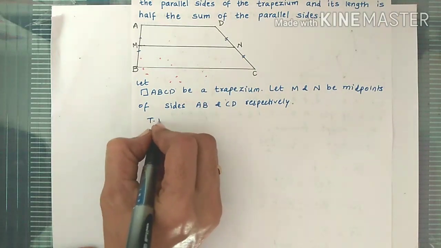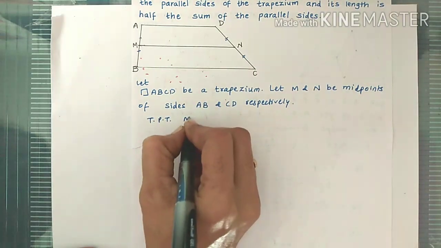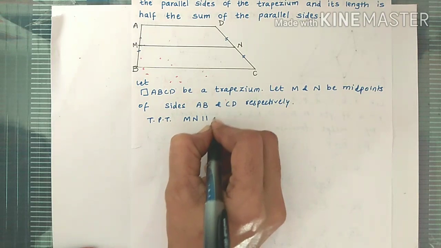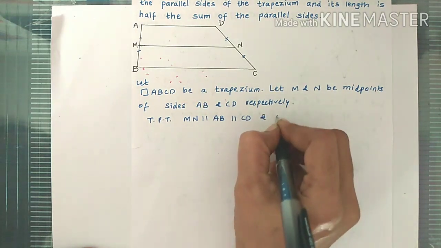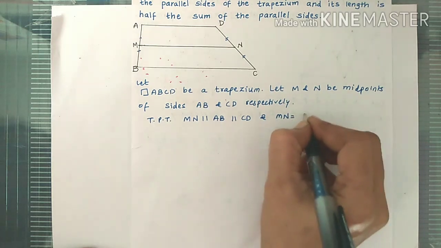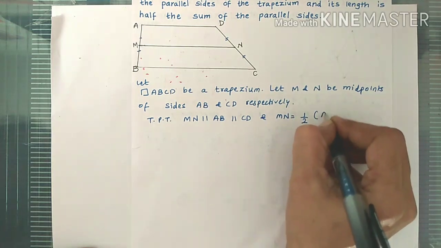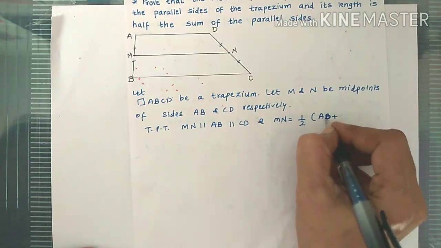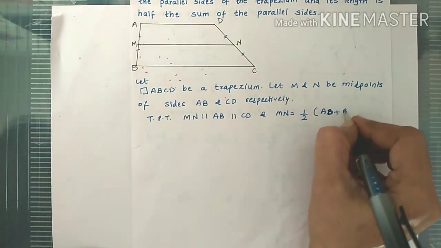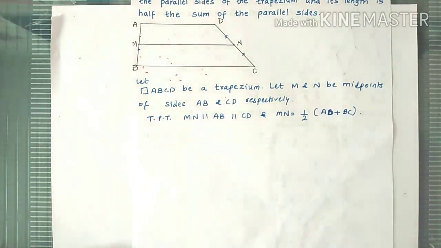So to prove that MN parallel to AD parallel to BC and MN is equal to half sum of the parallel sides, that is AD plus BC. So this we have to prove.